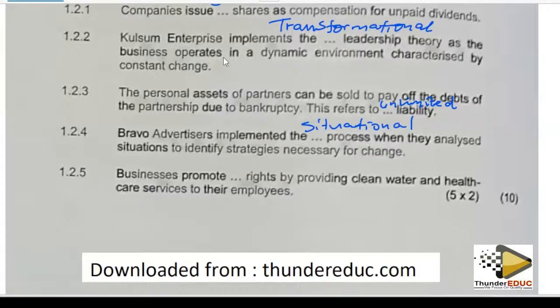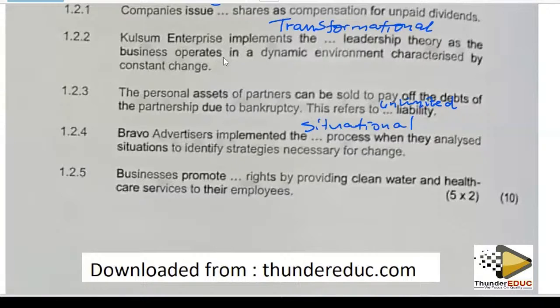Okay, right. So now, this 1.2.5 reads as follows. Businesses promote these rights by providing clean water and healthcare services to their employees. From my explanation of those concepts appearing in the table, remember I gave an example of how social works. Since the business is in a position to provide clean water and make sure that healthcare services are provided for its employees, it means it takes the well-being of the employees into account.